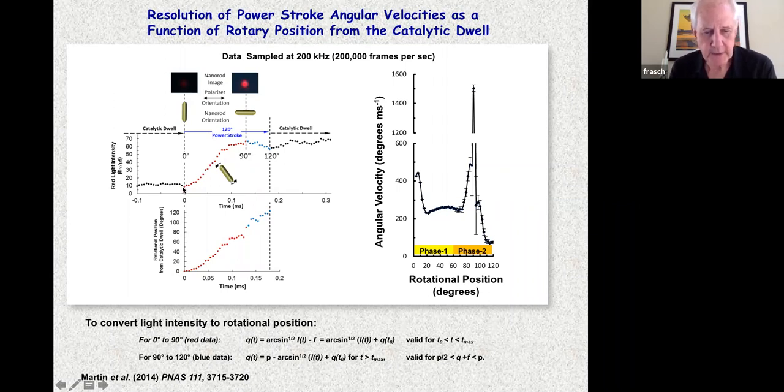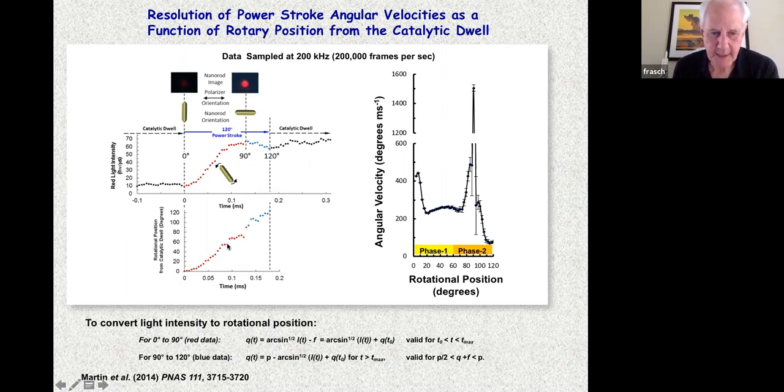Then we use the algorithm to apply an arcsine square root function to convert from photons per microsecond as a function of time to rotational position as a function of time.